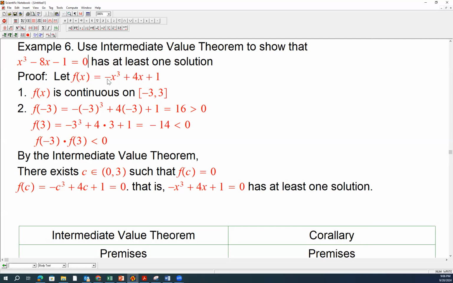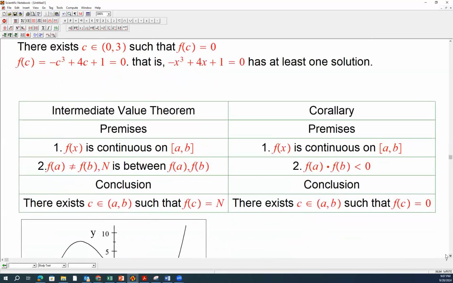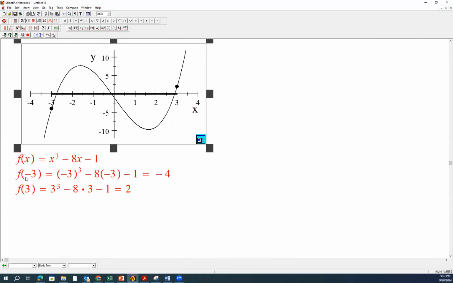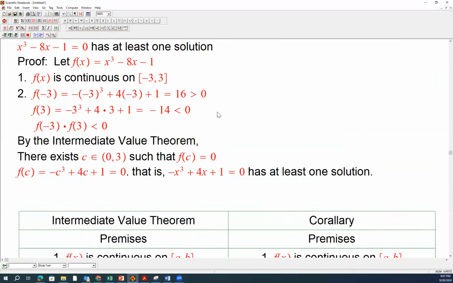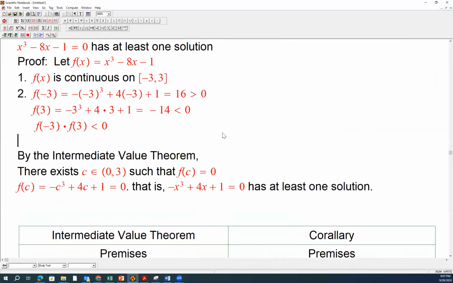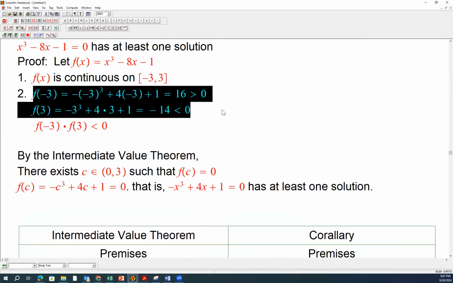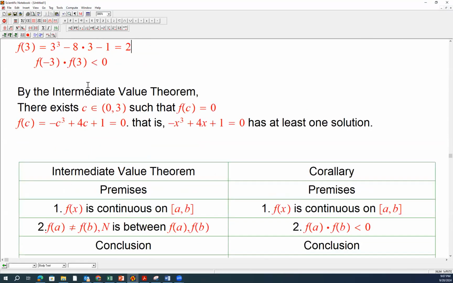So we're going to have f of x equal to that piece, because in this case, it's just so obvious. It is continuous. We identify the interval and f of -3. And I have done the calculation. I've done my homework. So this is the picture, right? This is the picture. And I just need to put it in place.